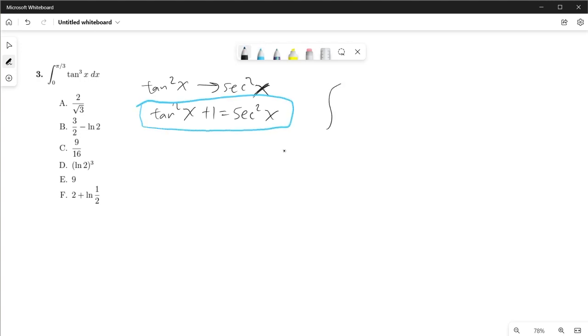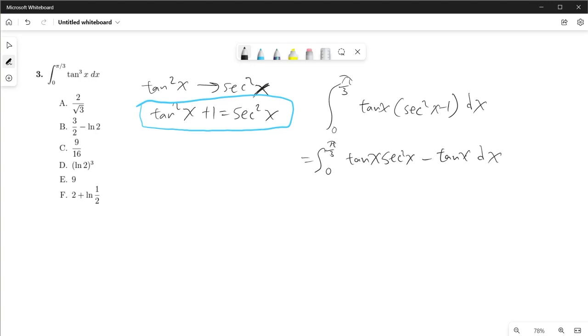Therefore, I can convert this to tangent x times (secant x minus 1) dx. Expanding that, we have tangent x secant x minus tangent x dx.